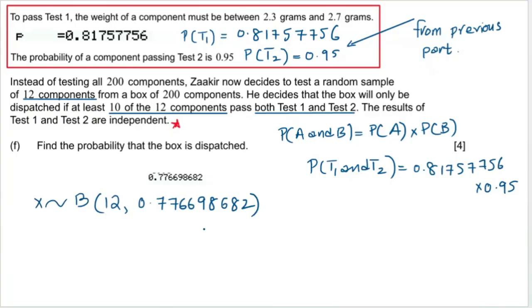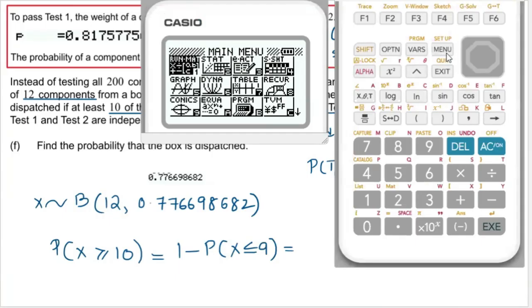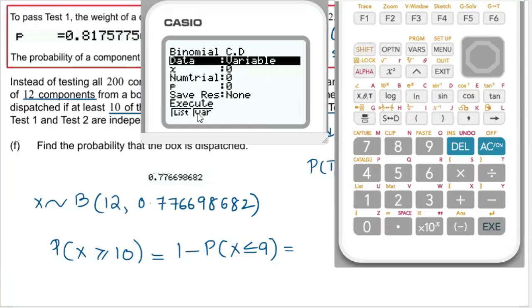Instead, use exact answers. So how will it be dispatched? If at least 10 pass test 1 and test 2. So again, we don't do the at least thing. We reverse it. Less than 10 is less than or equal to 9 in a binomial distribution. So I go to my binomial. Let's go Shift, Stats, 2, Distribution, Binomial, and CD.